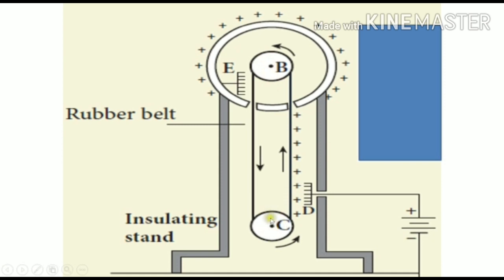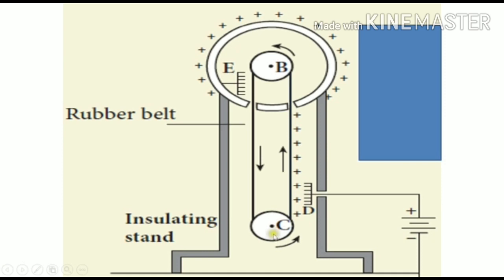Next, the belt made of silk or rubber runs over both pulleys. The pulley C is run by an electric motor. Two metallic combs E and D are fixed near the pulleys. The comb E is fixed near the pulley P and comb D is fixed near the pulley C.